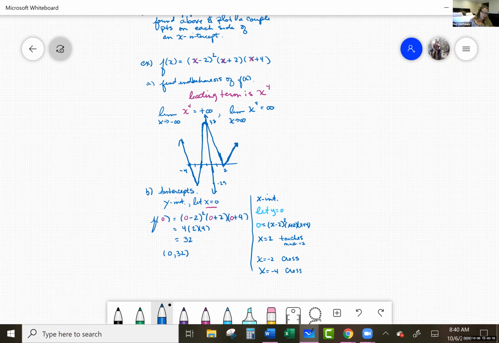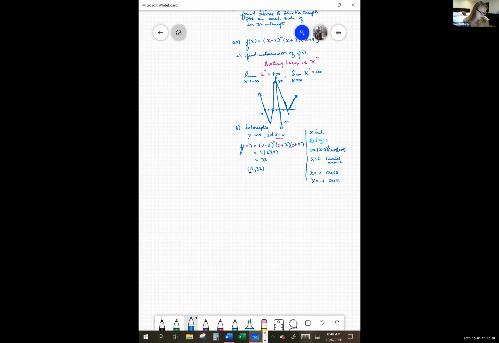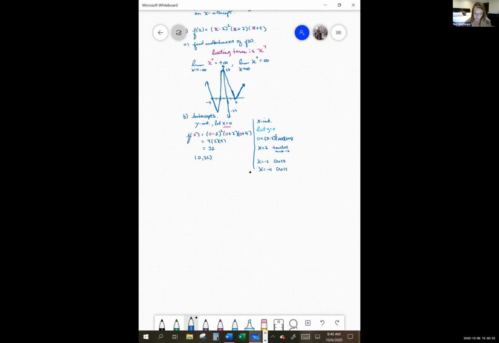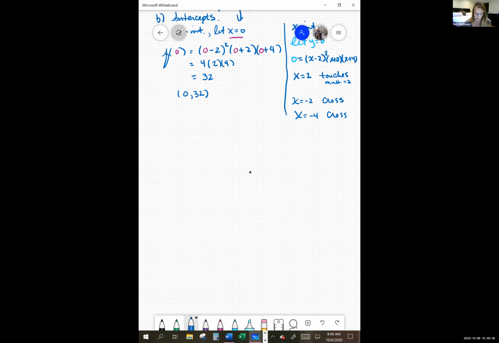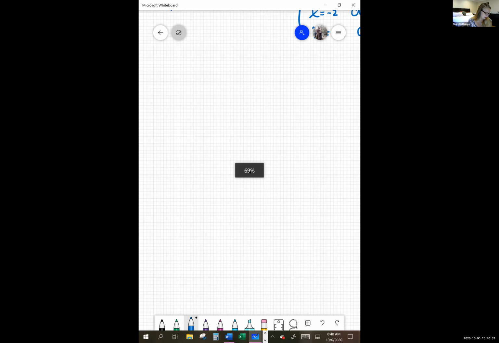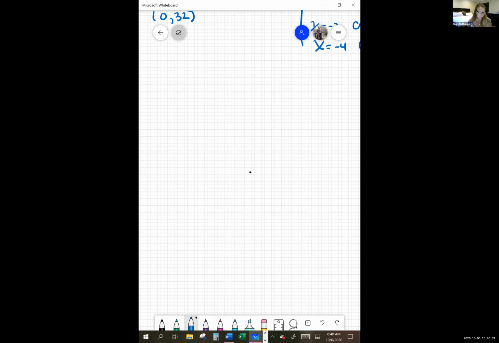So let's look at one that isn't factored. Graph each polynomial function by following the steps that we were just doing.